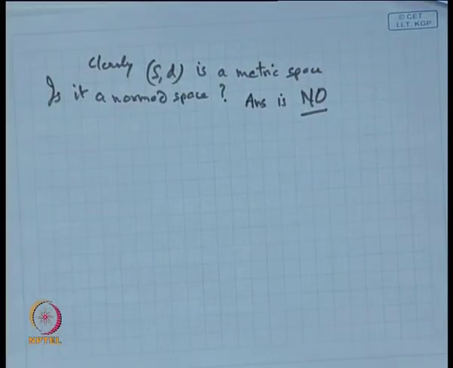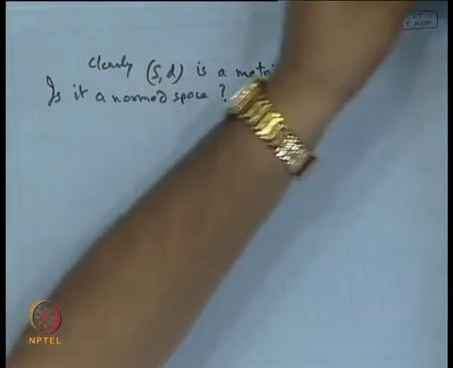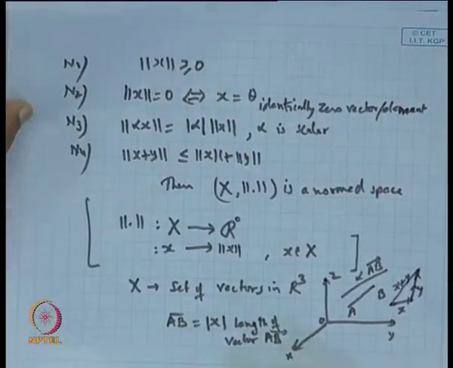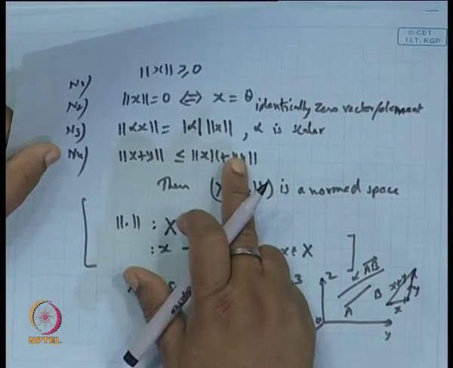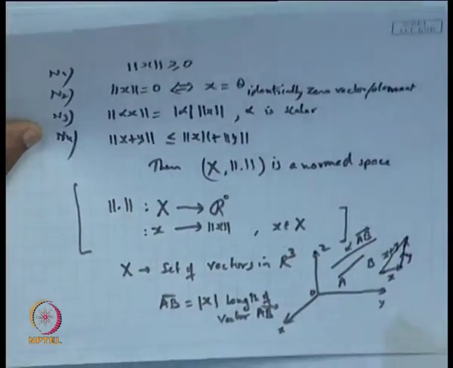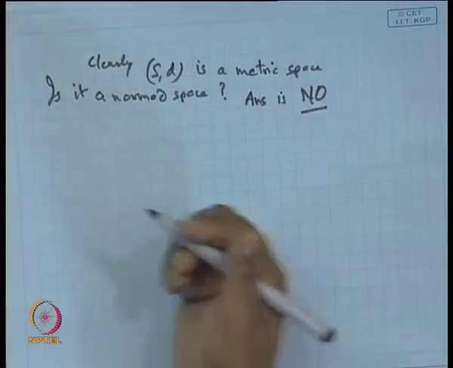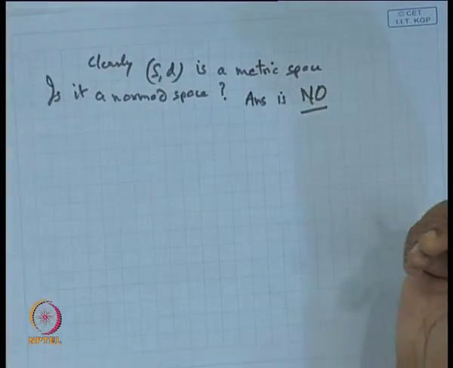Why? It means all the properties of the norm space are not satisfied. That is, the properties we have introduced, the norm of x is greater than or equal to 0, norm x equal to 0 iff x is 0, norm of alpha x equals mod alpha times norm x, and so on, may not all be satisfied. So, let us suppose it is a norm space, defined with the help of the norm.